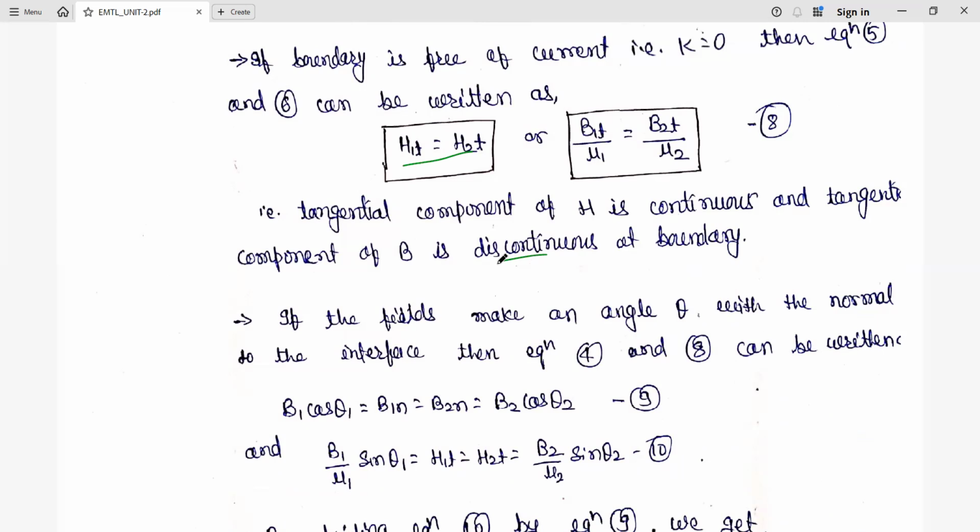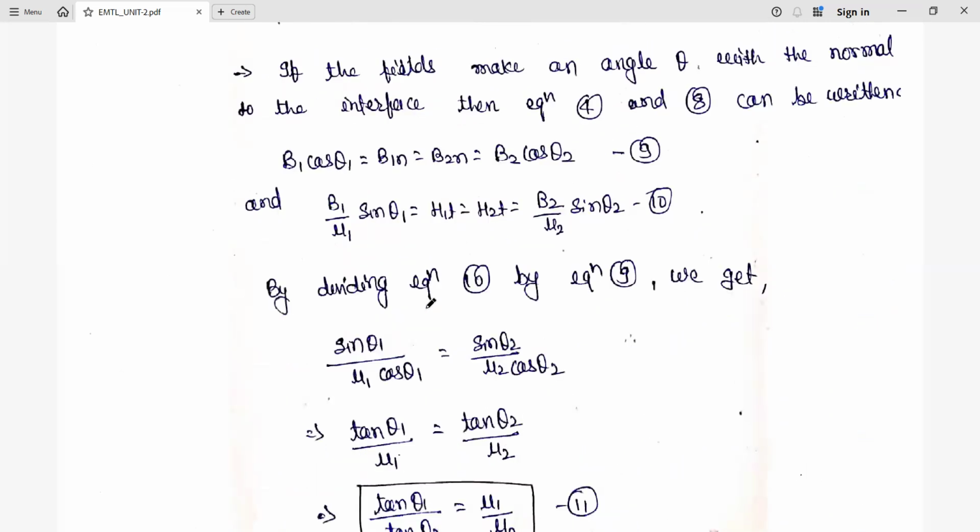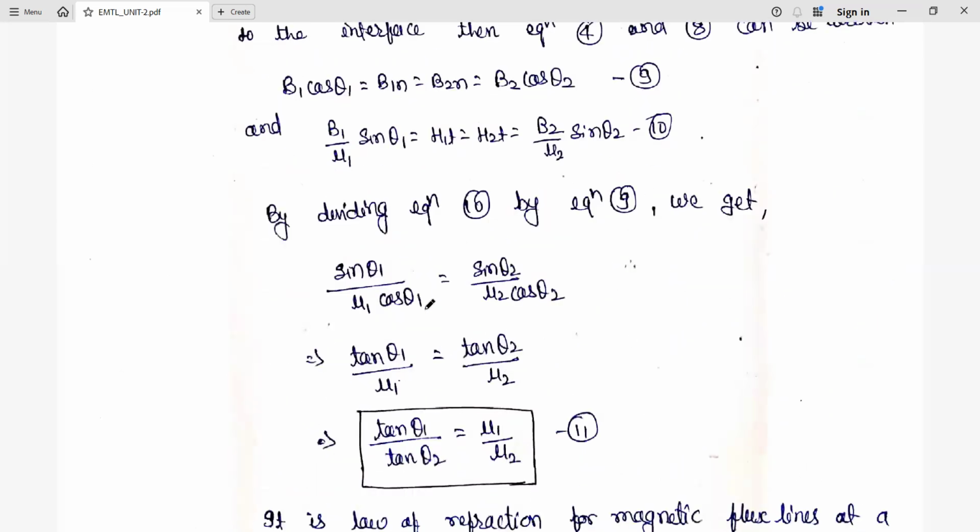Now we are seeing the situation when fields make the angle theta with the normal. The same diagram we can utilize here. Now in case of medium 1, this is the B1.